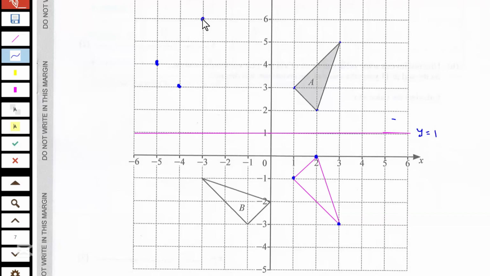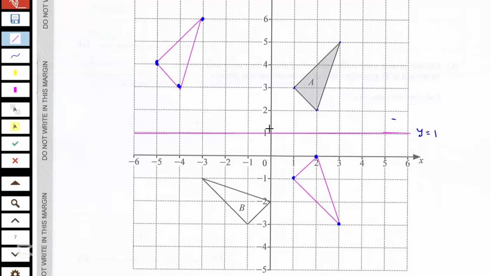So we're going to connect the points now to form a triangle. I have this here. Then I will also connect this. Okay, so that's the translated image of the object.